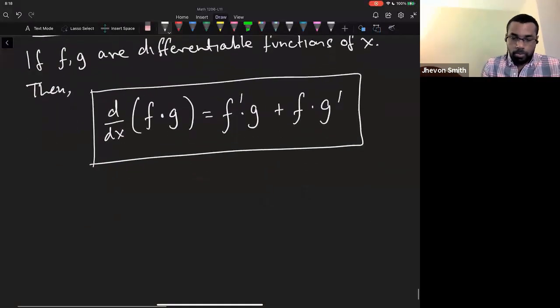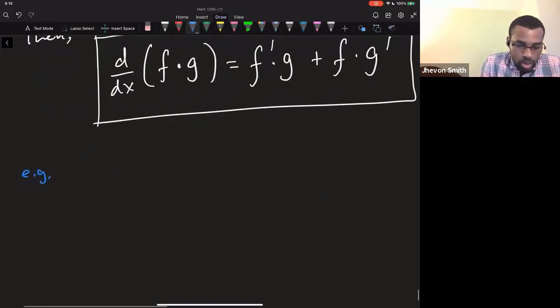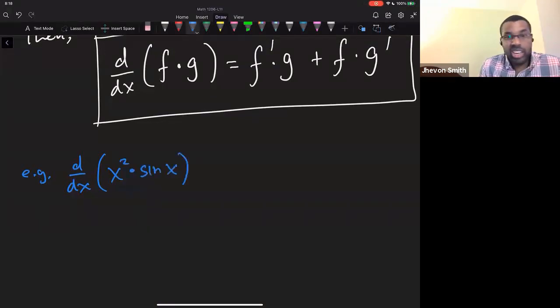So, example. If I wanted to differentiate x squared times sine x, I could, well, differentiate the first one, leave the second, plus leave the first, differentiate the second.